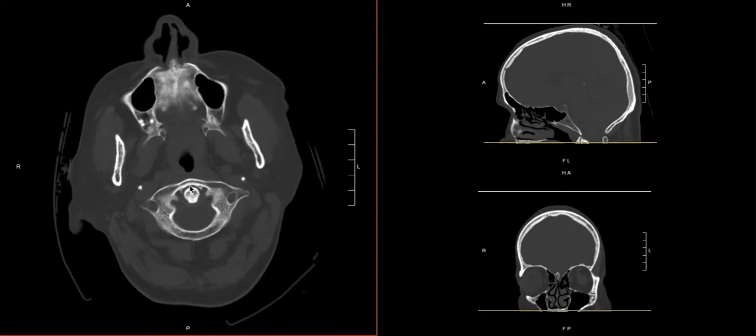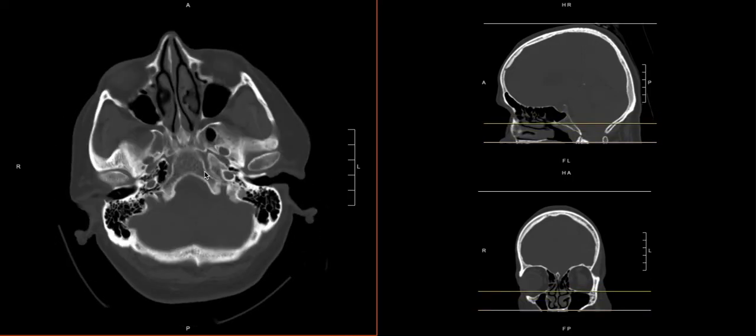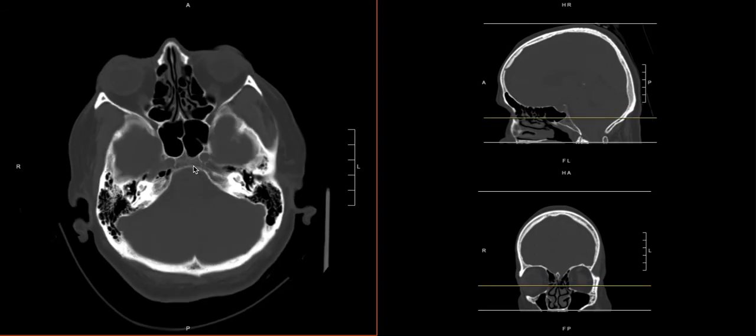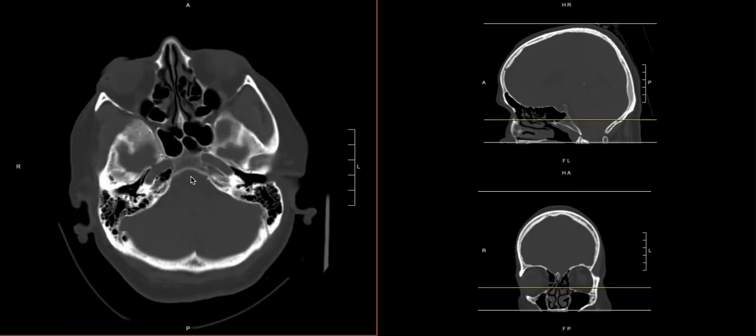And then also we'll look here, this is the dens of the axis. Make sure there's no dens fracture, make sure the atlas looks intact and their orientation is appropriate, and we can come up, and as we come up we'll catch the clivus here. As we come up a little bit more, this is still our clivus, and right next to it are the petrous parts of the temporal bones, and we have the petrous part of the carotid canal.